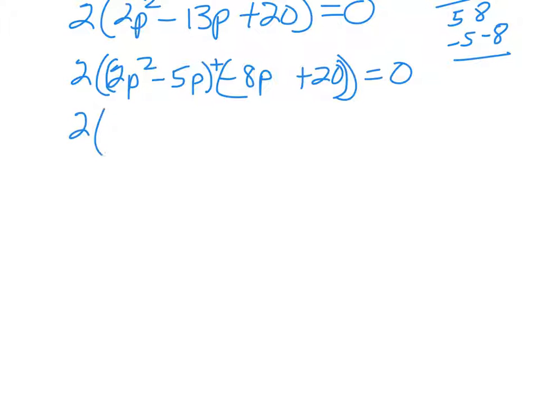Okay, so out of 2p squared and 5p, we could take out a p. And that'll leave us with 2p minus 5. To be left with a plus 2p minus 5 out of the last 2 terms, we would need to take out -4. There's our 2p minus 5.